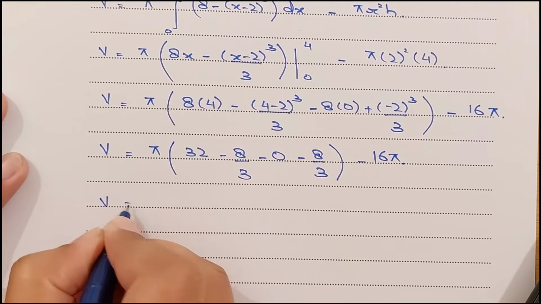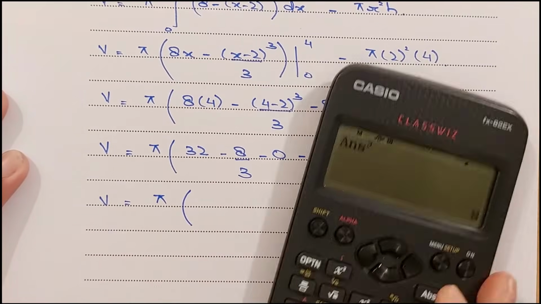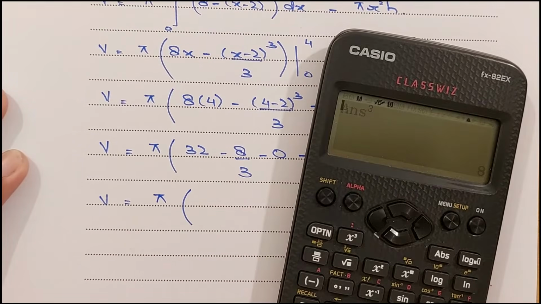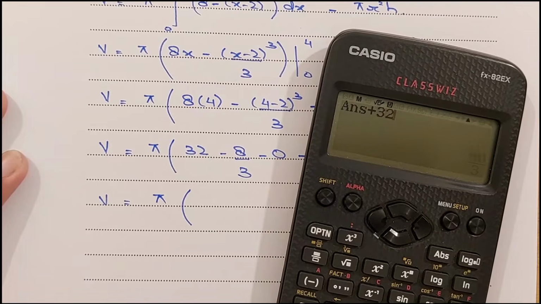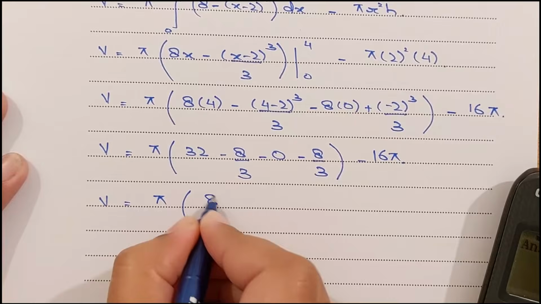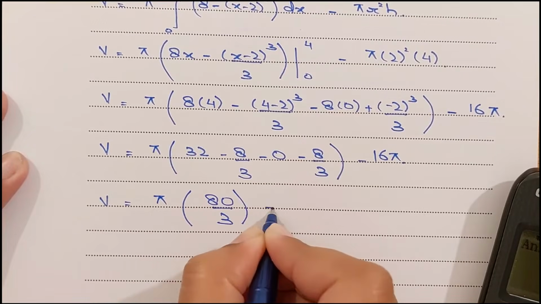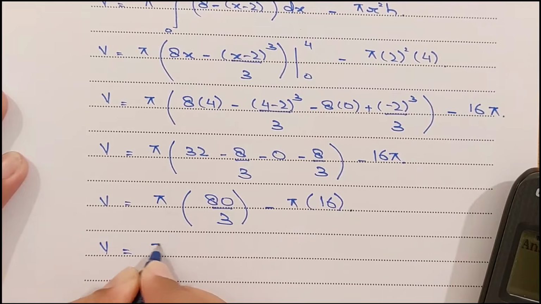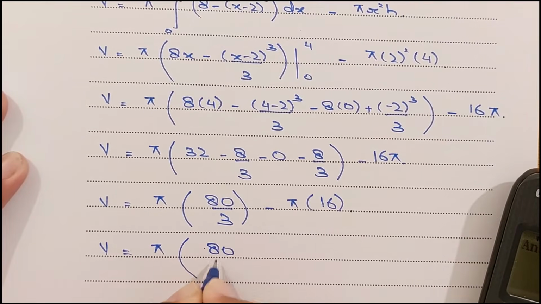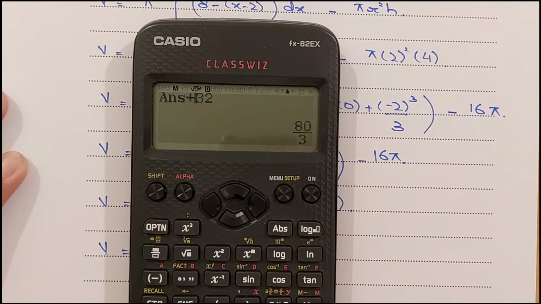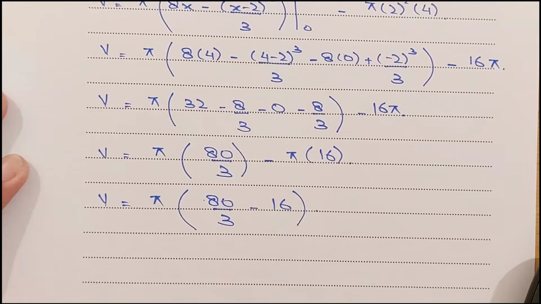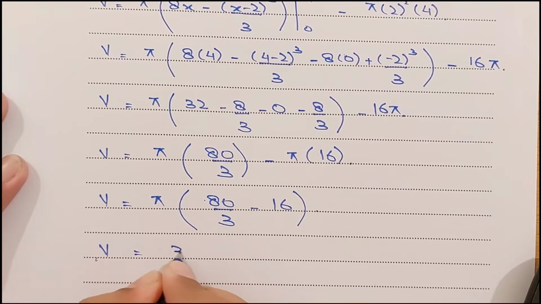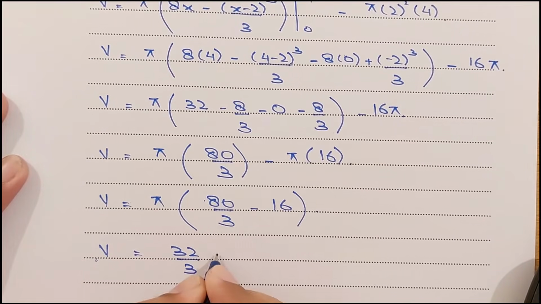So V is pi times: minus 8 over 3, minus 8 over 3, plus 32. This gives 80 over 3, minus 16, with pi outside. 80 over 3 subtract 16 is 32 over 3. So the volume of revolution is 32 over 3 pi.